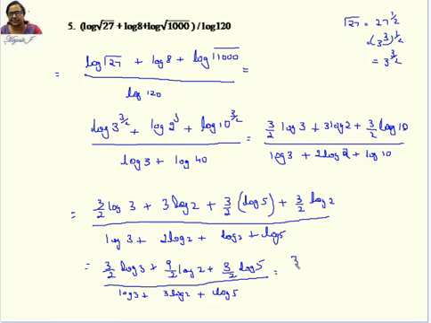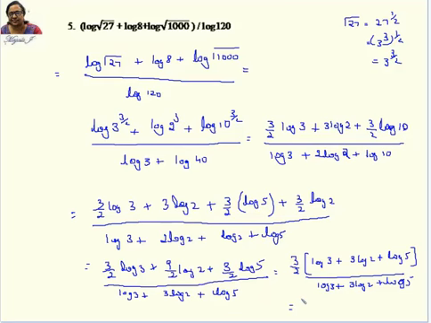So when you remove 3 by 2 as common here, what you get inside is log 3 plus what is left out here? 3 log 2 and log 5. Down you have the same thing. Log 3 plus 3 log 2 plus log 5. Yeah, good. I got it. So now this will get cancelled. The answer is 3 by 2.